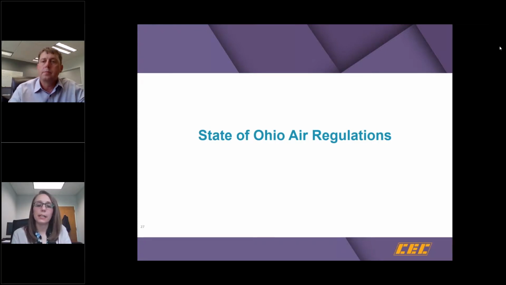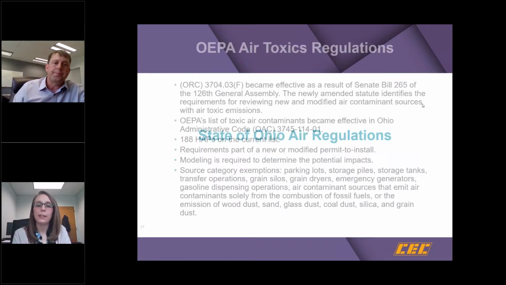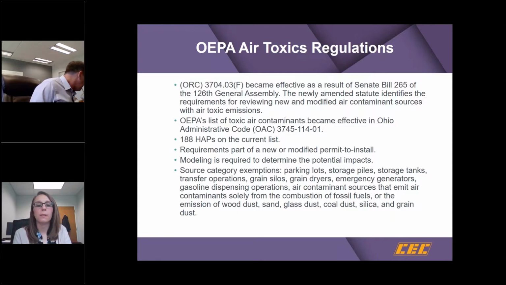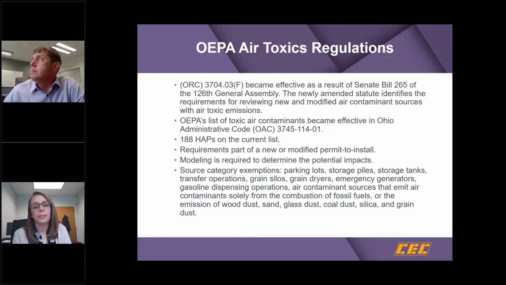Okay, so we'll start in on the state of Ohio air regulations. So the ORC became effective due to Senate Bill 265. This identifies the requirement for review of new and modified air sources with air toxic emissions.